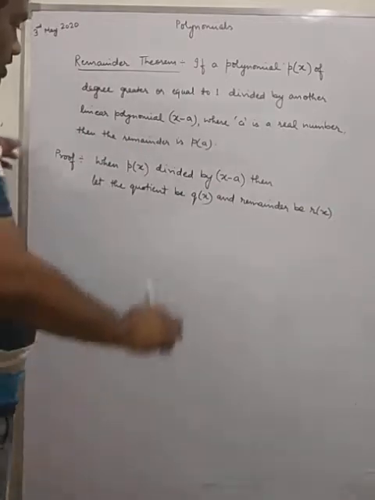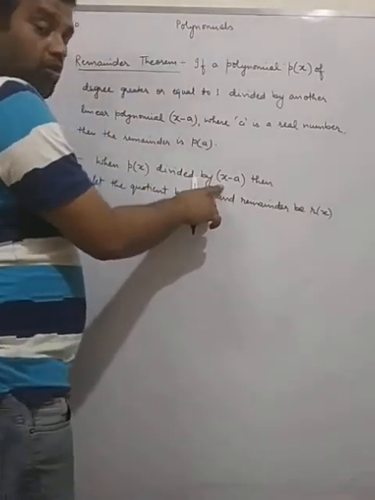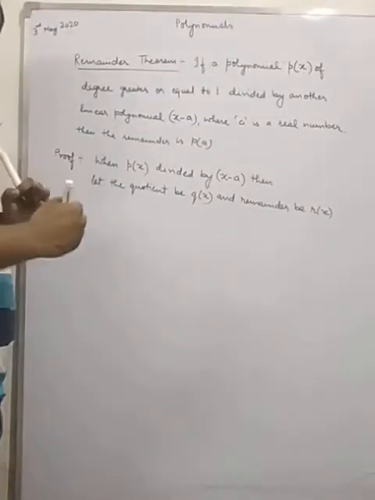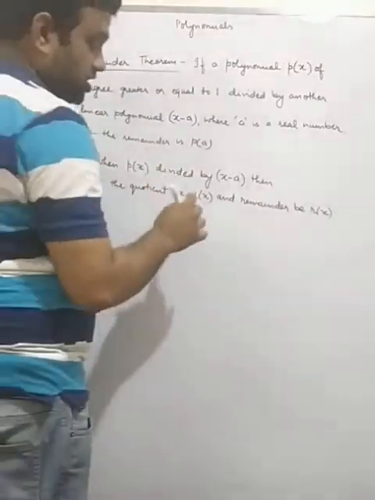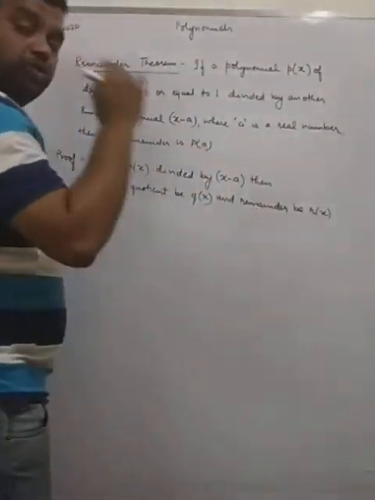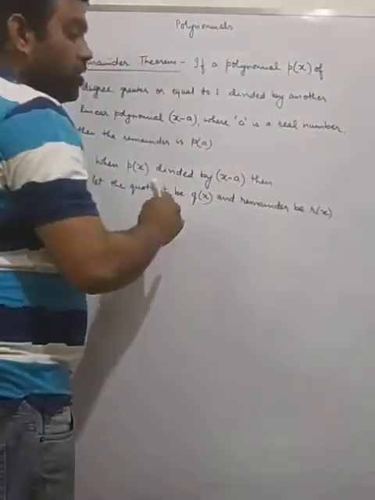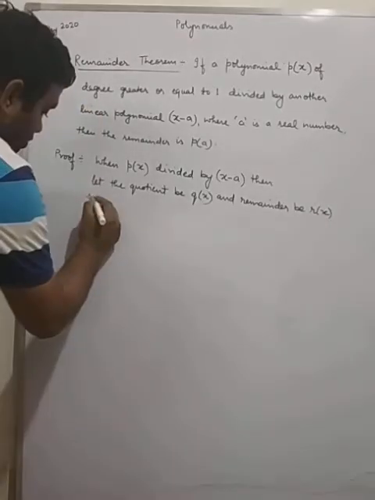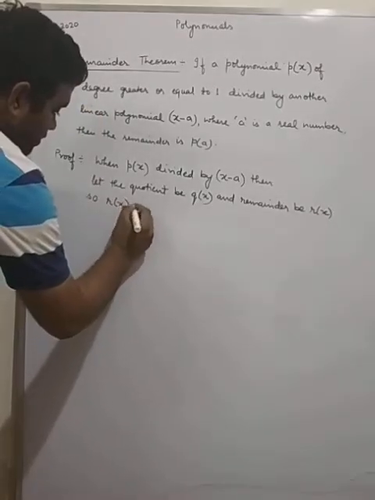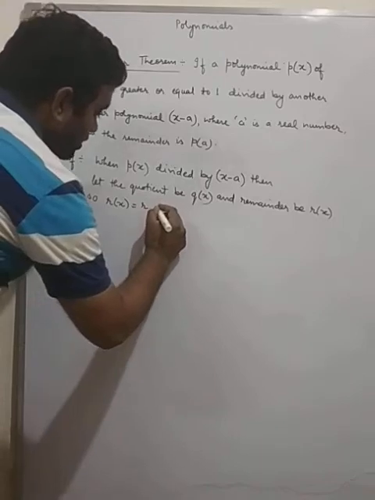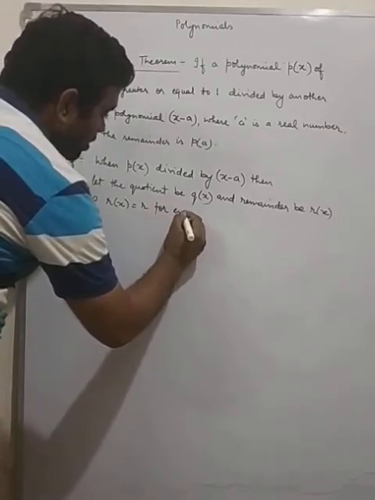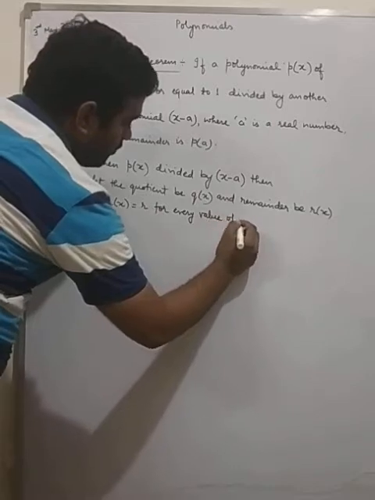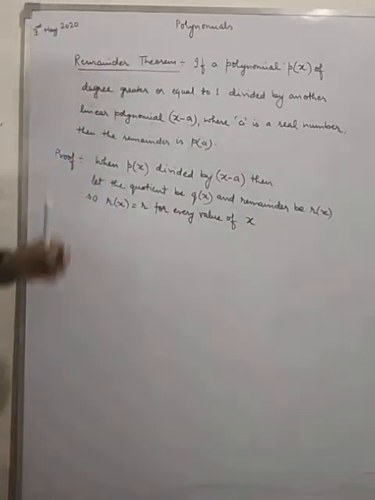But since our divisor is of degree 1, the degree of the remainder should always be 1 less, meaning the degree of the remainder should be 0. So r(x) is equal to r for every value of x.